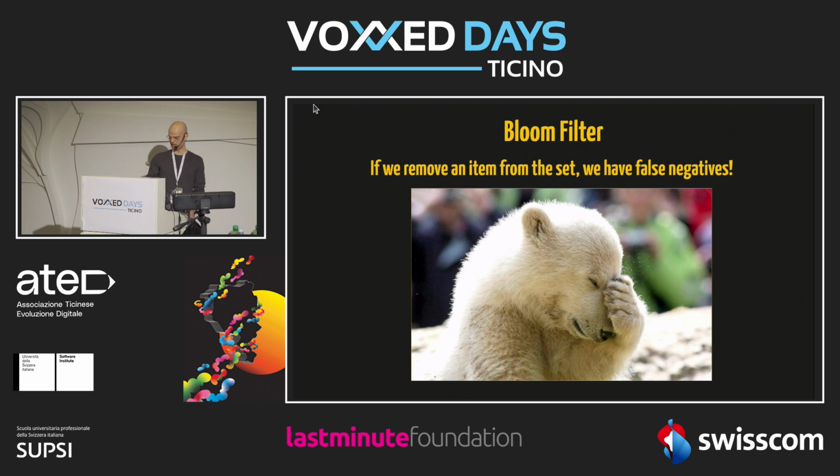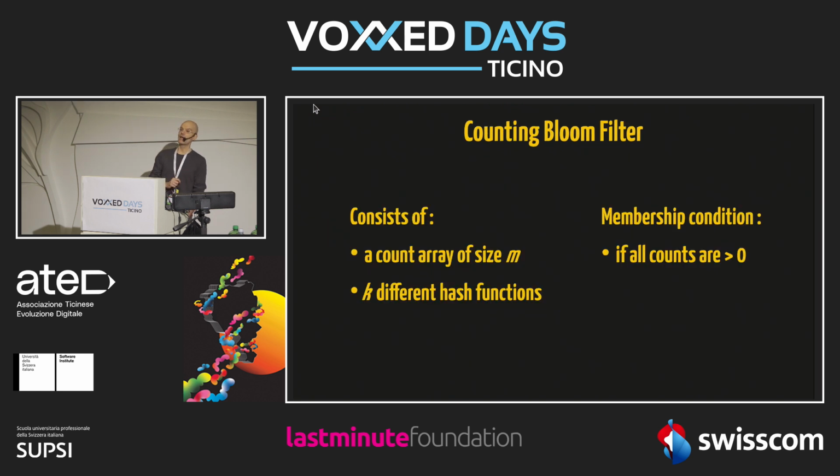Exactly. So a way to address this is to use a counting Bloom filter, which consists, instead of a bit array, of a count array. So it no longer uses a bit, but uses a byte or an int or whatever other data type you want. And it also uses the k different hash functions that we saw before. The membership condition now is that all the counts must be greater than 0.